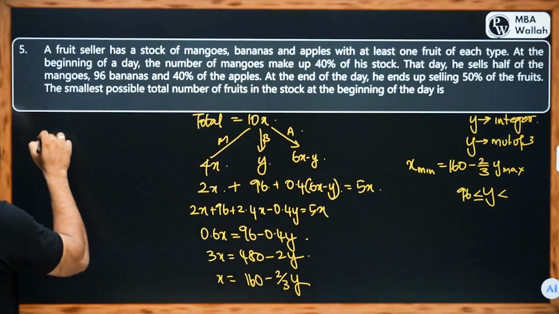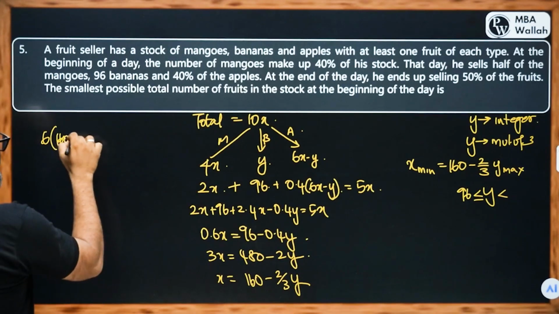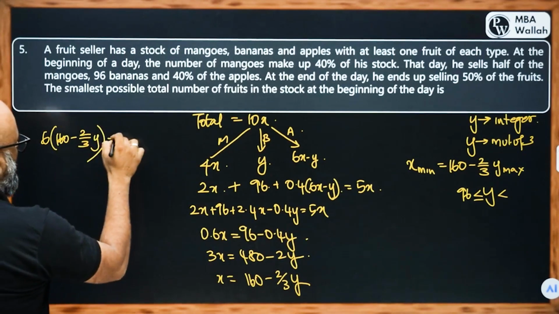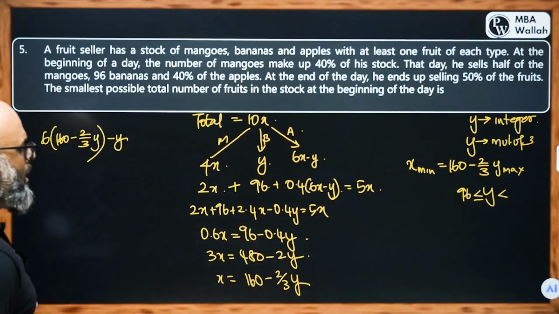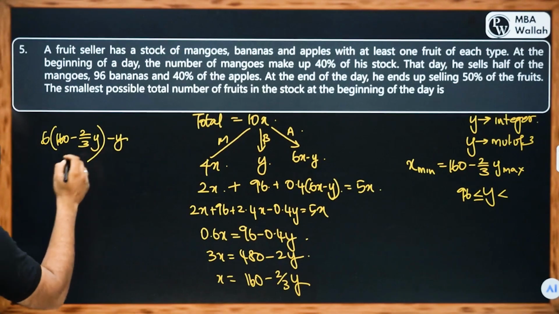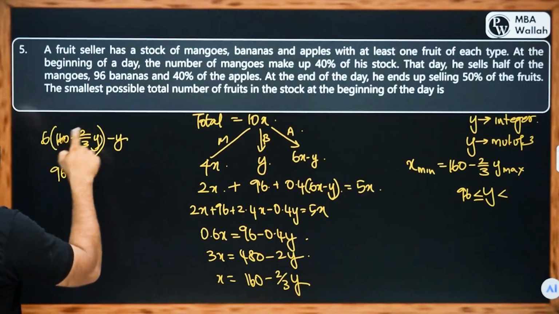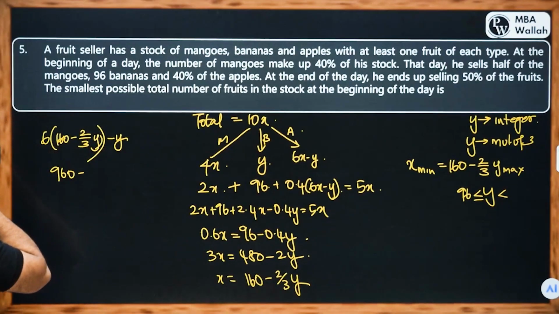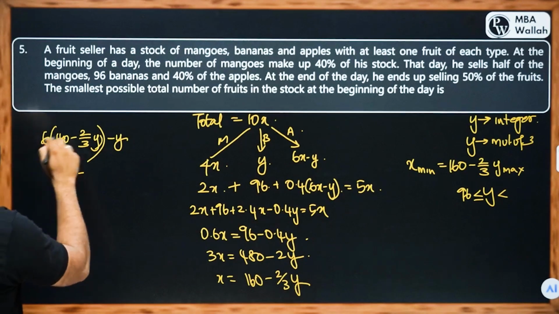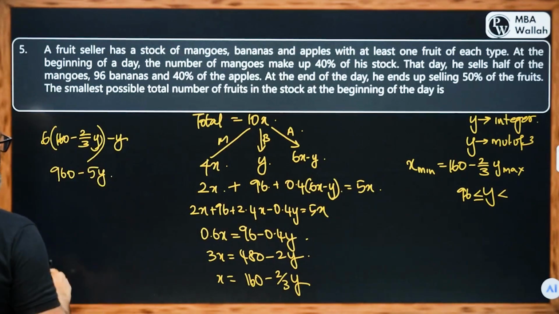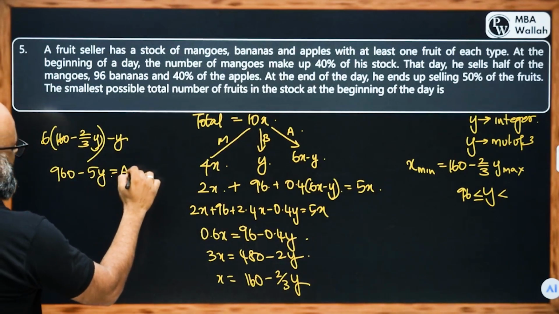We'll get 6 into 160 minus 2 by 3y minus y. Right? So if I multiply this in, I'll have 960 minus, 12 by 3, 4y minus y, minus 5y. This is the number of apples, right?